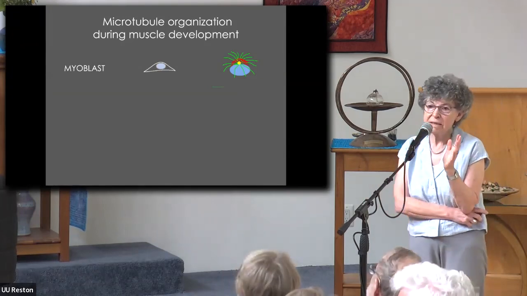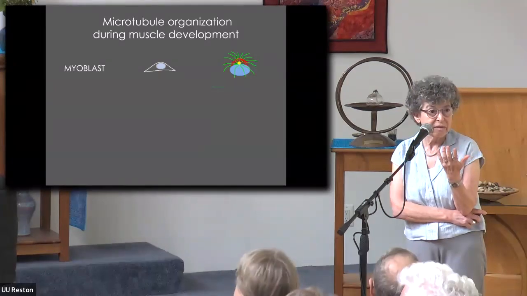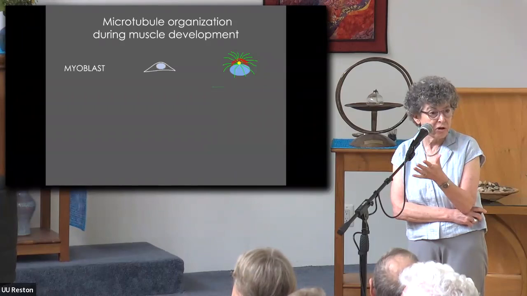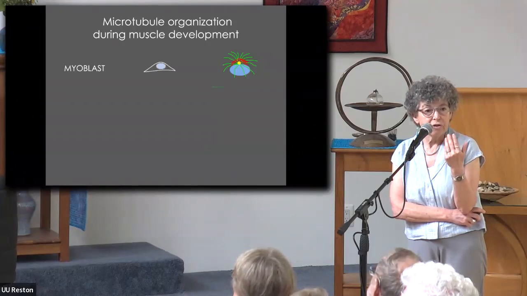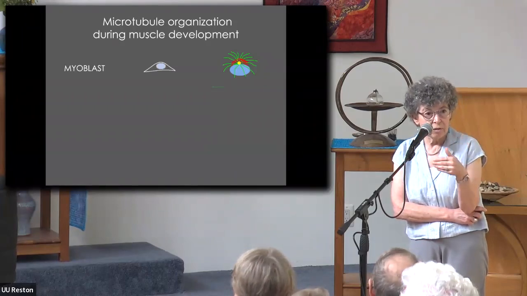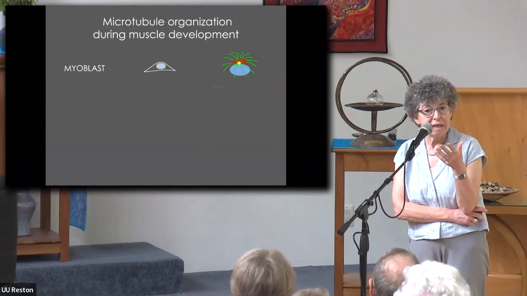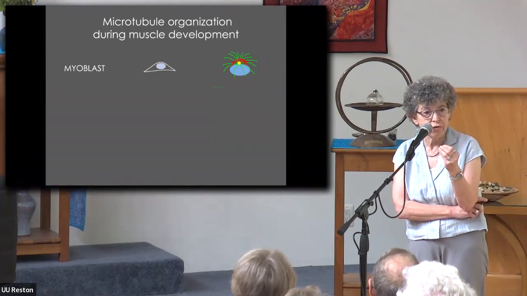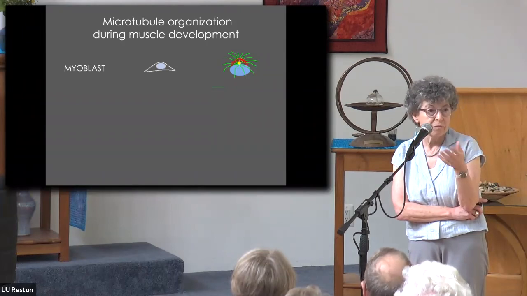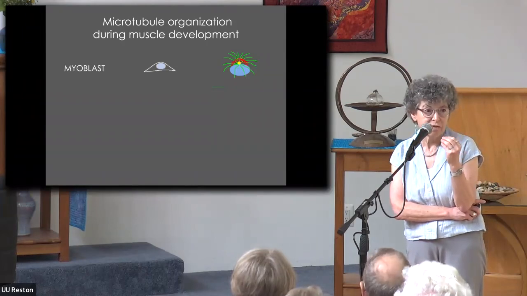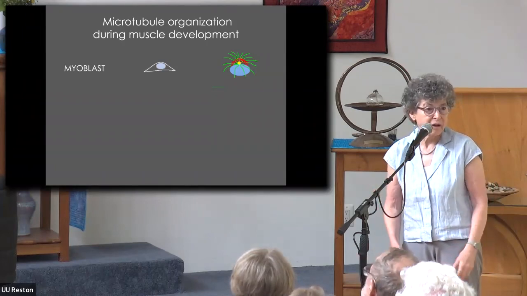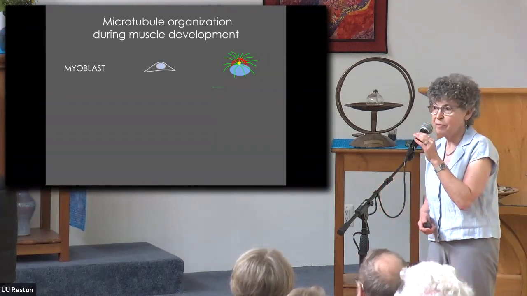And blast is often a precursor cell. So a myoblast is a small cell which is the precursor of muscle, and muscle does not continue to divide when it is mature, but you always have stem cells that are able to regenerate and help the muscle regenerate, which is important for us if we damage our muscles.